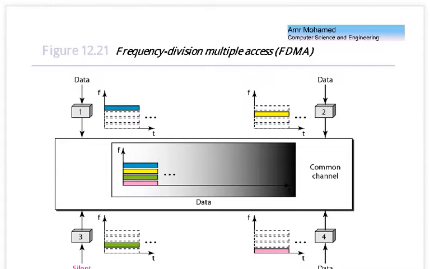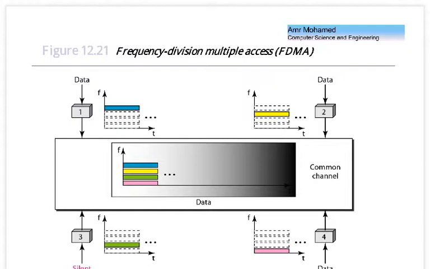So I have one channel, assume that we're talking about wireless. We have, let's say, 100 megahertz bandwidth. This is the bandwidth for the entire network. And then I have 10 nodes. Then I say, okay, I will allow node 1 to send from 0 frequency to 10 megahertz.